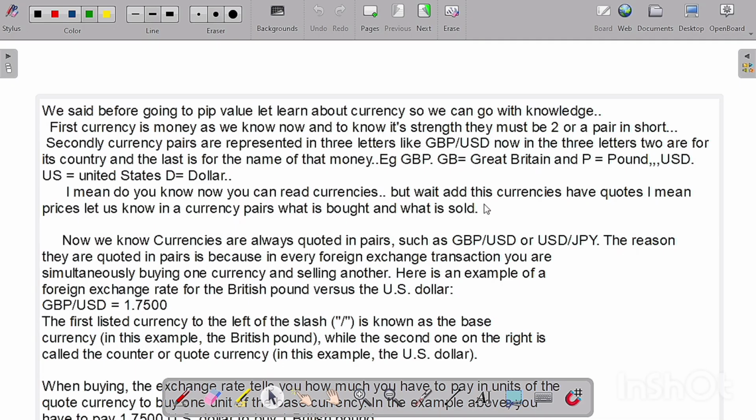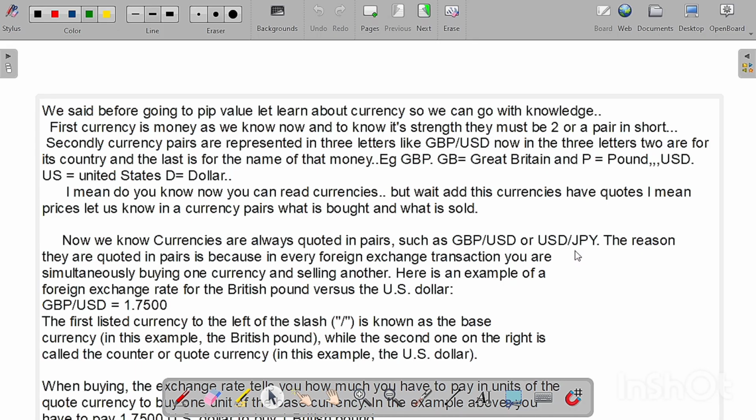But wait, these currencies have prices. Let us know in a currency pair what is bought and what is sold. Now we know currencies are always quoted in pairs such as GBPUSD or USDJPY, meaning Great Britain pound versus US dollar, or US dollar versus Japanese yen.